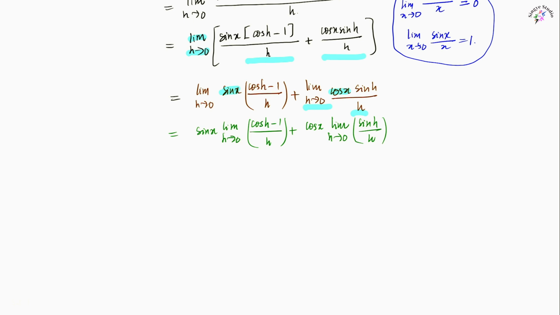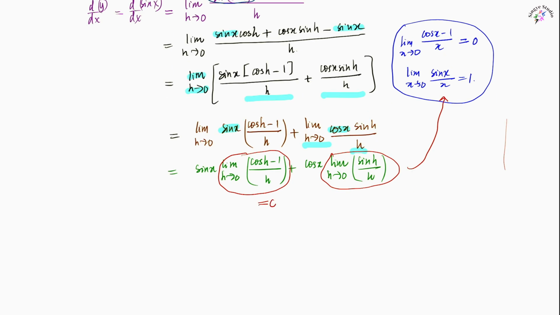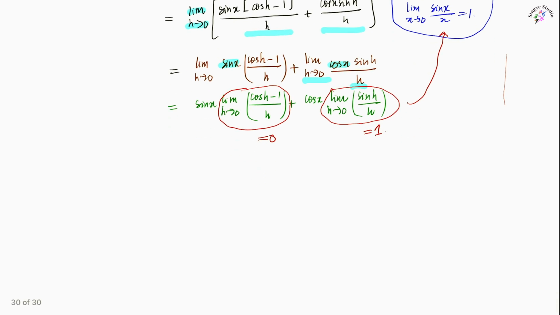Now what we observe is that these two expressions are exactly what we have already proved in the earlier videos, as I have written here. So what is the limit of cosine x minus 1 divided by x when x tends to 0? It is 0, which means this part is actually 0 and this part is actually 1.